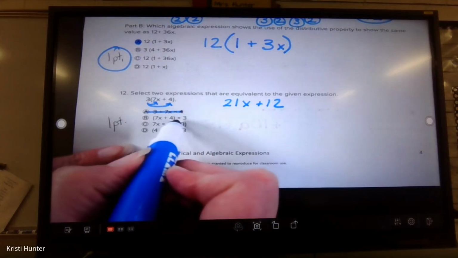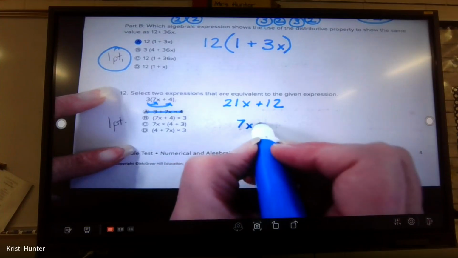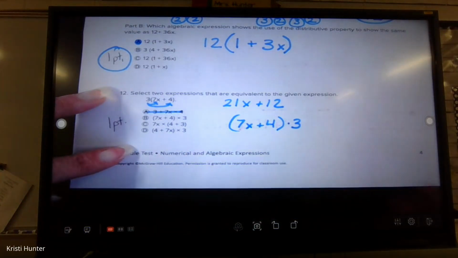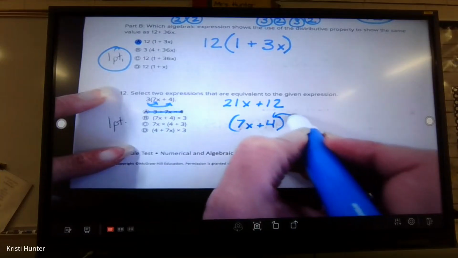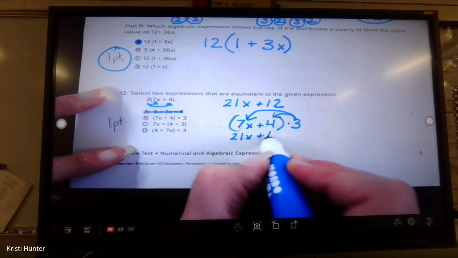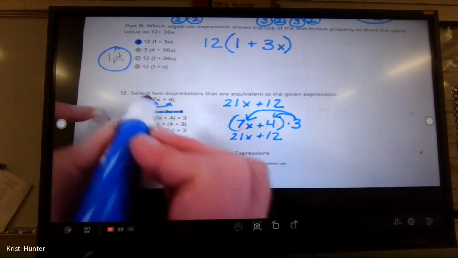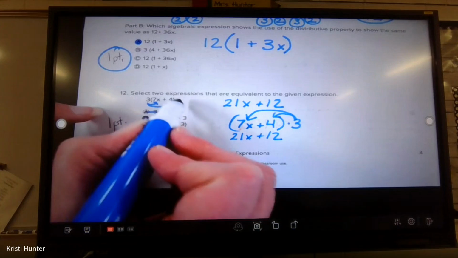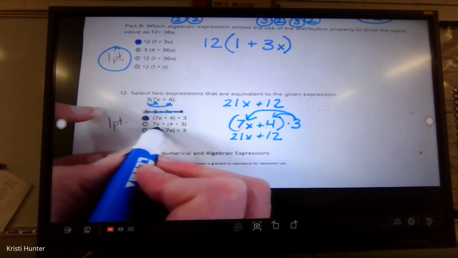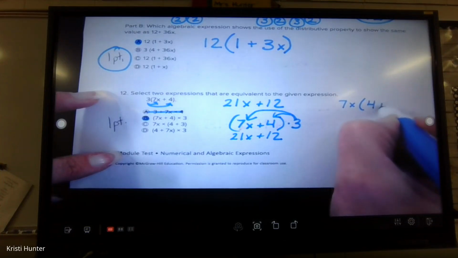So this says take a times 3 at the end. So look what it says. It says there's a times 3 back here, which means I still distribute to each of the pieces. So I would have 21x plus 12, which is the exact same thing up there. It just moved my 3 from the front to the back. On this one, it tells me to take a 7x times the 4 plus 3.